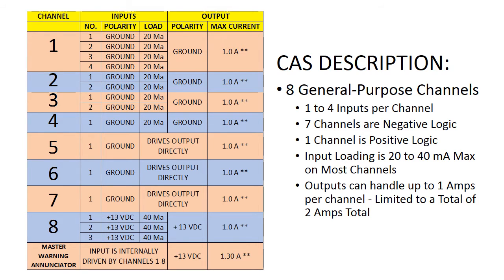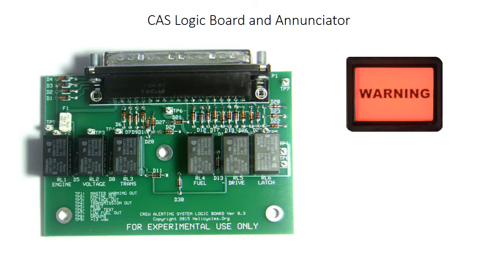I think that's enough detail on this chart. Now let's get down into the nuts and bolts. The crew alerting system, which I'll call CAS, consists of the logic board that you see on the left and a master warning indicator on the right, and also individual alarm indicators.